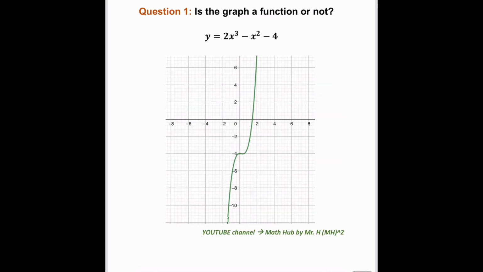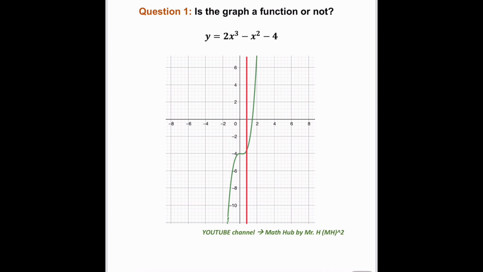So the graph that you're seeing is the graph of y equals 2x cubed minus x squared minus 4. So based on the rule, you can draw the vertical line anywhere as long as it's gonna pass through the graph. So let's draw a vertical line here.